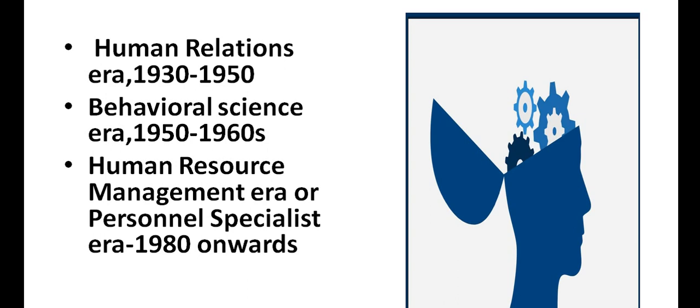Came the human relations era, which tries to relate human and the other factors which affect work. Then came the behavioral science era, which studied the needs and motivational factors for humans at work. And the last one was the human resource management era, which we study.